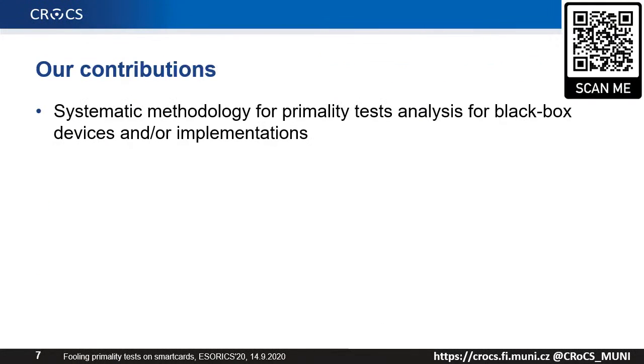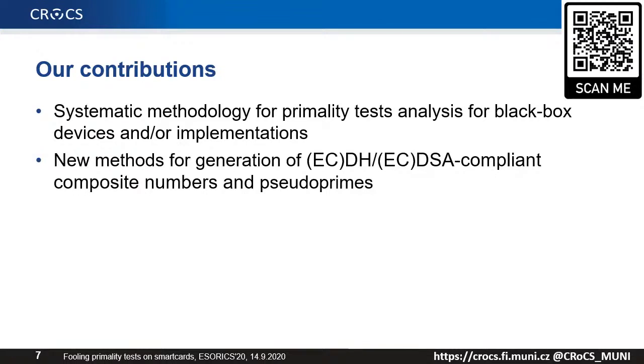Let's summarize our contribution. We propose a systematic methodology to analyze whether primality tests are done properly inside black box devices, or also black box implementations where you have just a binary implementation. We constructed several new methods for generating domain parameters for Diffie-Hellman and digital signature algorithms and their elliptic curve versions, which have everything correct except for one parameter being composite.